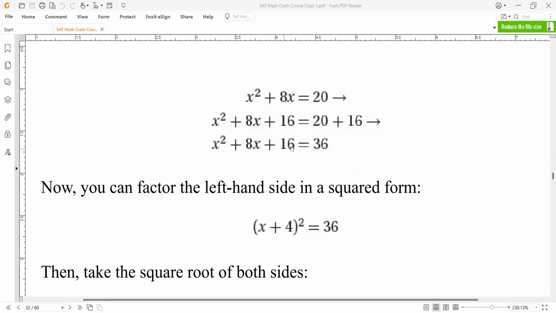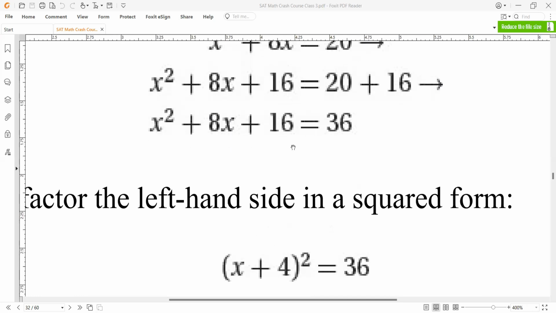And the reason you are adding 16 on this side is that you need to make it look like this. How is this coming from this? Because x squared plus 8x plus 16 can be written as x squared plus 2 into x into 4, where 2 into 4 equals 8, plus 4 squared.